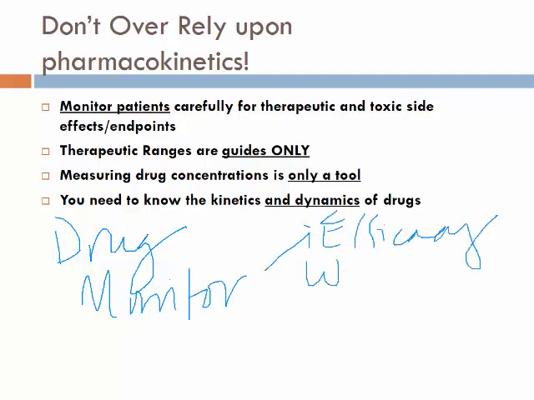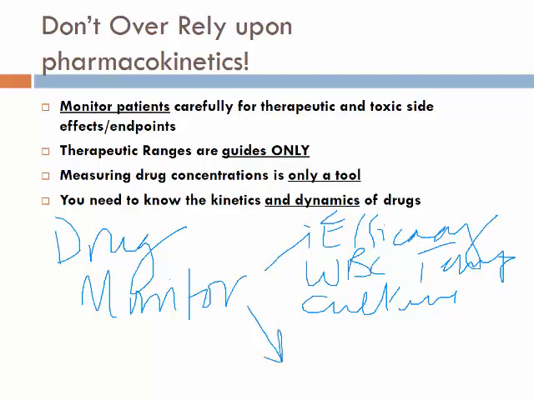Do you need to look at white count, temperature, cultures, other issues to see if the infection is getting better or getting worse? And you also need to look for toxicity. So is it toxic to the kidneys? Is it toxic to the blood cells? So what do you need to monitor for? I made sure every student could list that for every drug that they were on.